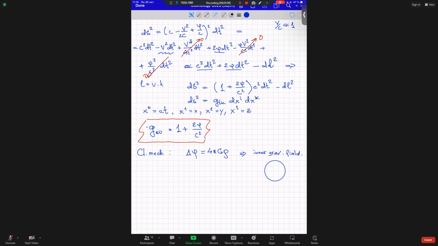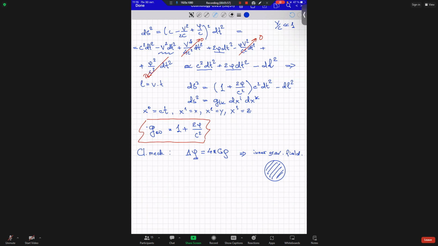Let me remind you of the very famous Dirichlet theorem for the gravitational field of a body. It tells us that if we would like to find the gravitational potential at any point for some body, as an example a spherically symmetric body, then for the inner part we solve the Poisson equation.